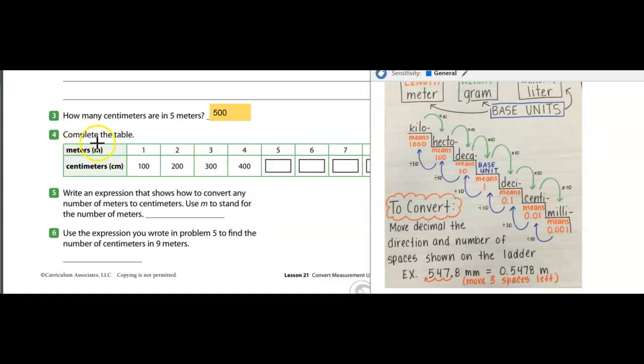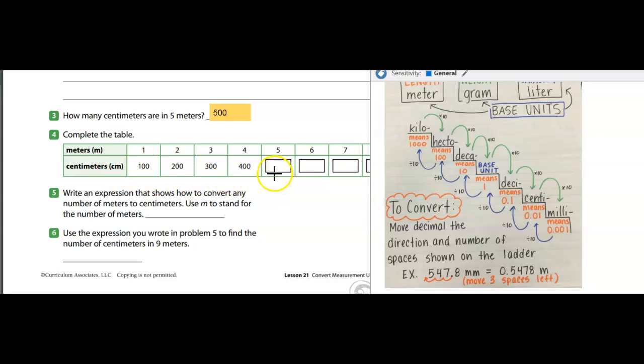Now question 4 says complete the table. So we have a table of meters. And we see in our table that 1 meter represents 100 centimeters. 2 meters represents 200 centimeters. 3 meters represents 300 centimeters. Let me think to myself, what pattern do I see? So I see that for every 1 meter, my amount of centimeters increases by 100.